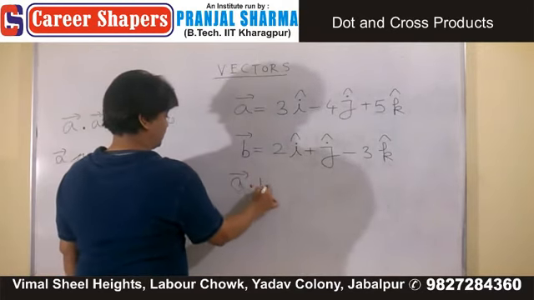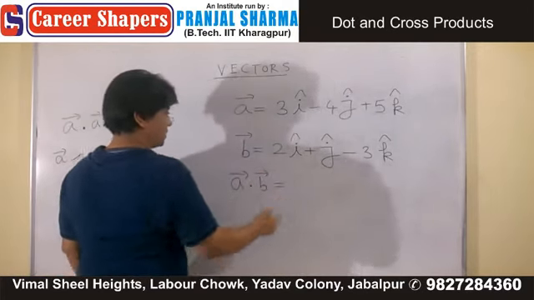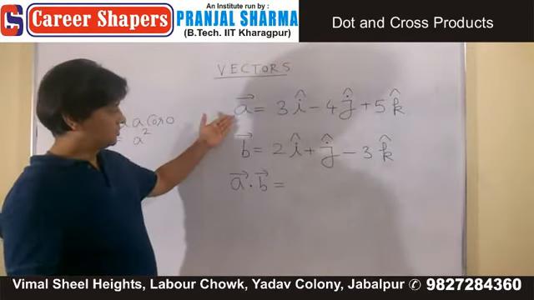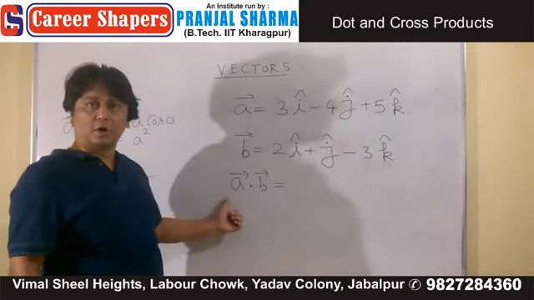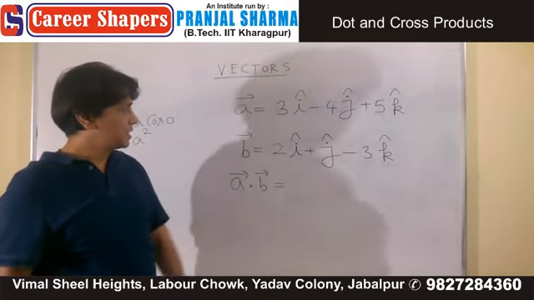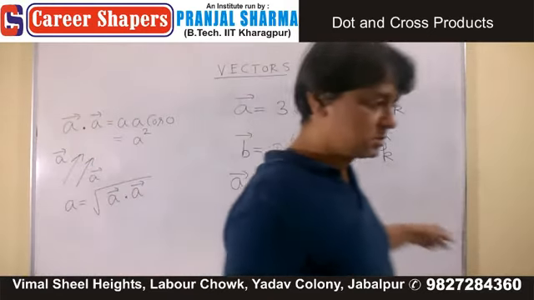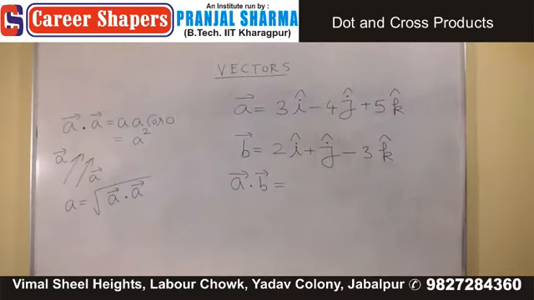Let me first check whether you already know these things or not. Write down the dot product of a and b in the comment box. Note down this and write down the answer in the comment box.